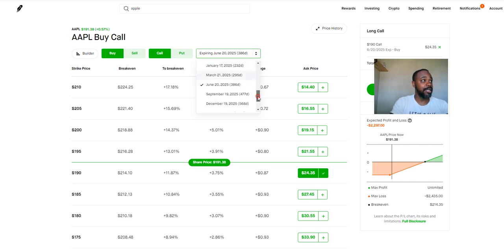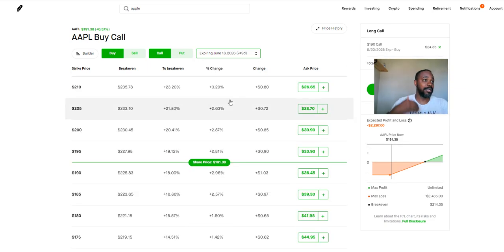You can roll it up to June 18th of 2026, and that'll give you another 18 months or whatever it is. Of course, it's going to cost you a little bit more, but at the same time, you're still controlling more shares of Apple at a cheaper price.